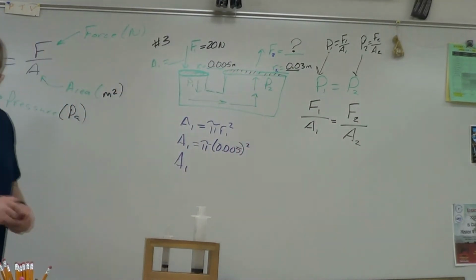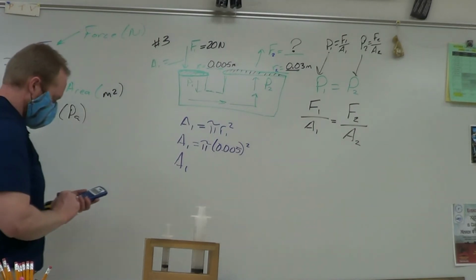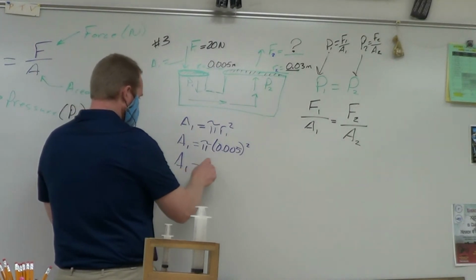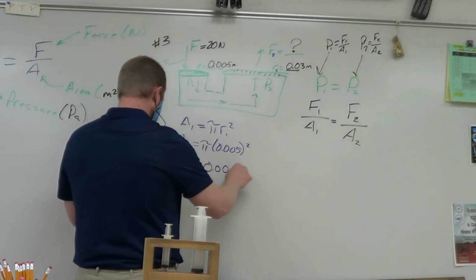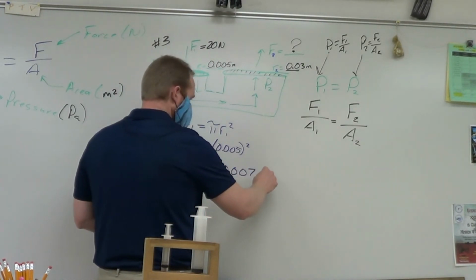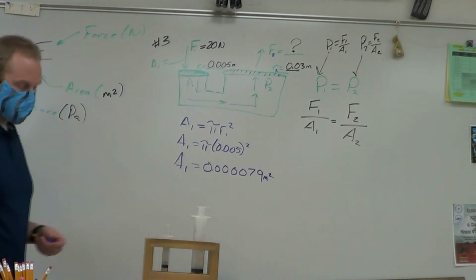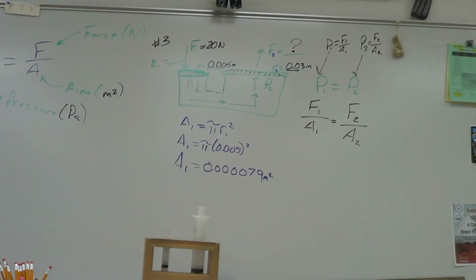My area at location 1 is 0.0000785 and so on. I'm going to round it, but I'm going to store that number in my calculator for later. So my area is 0.000079 meters squared.